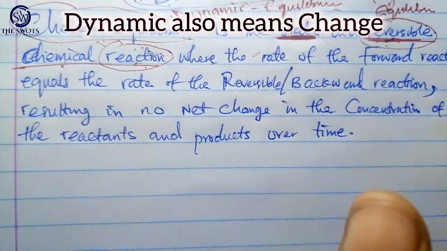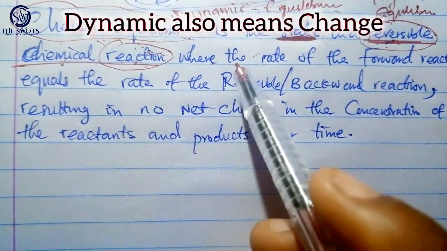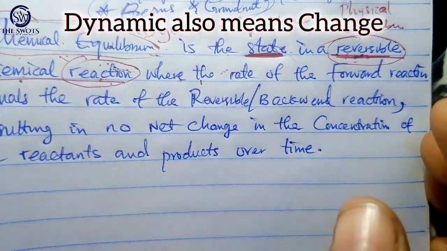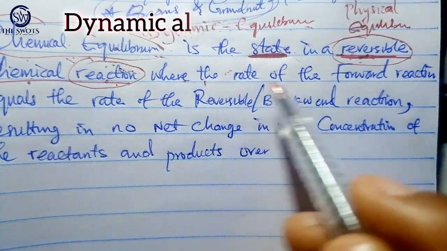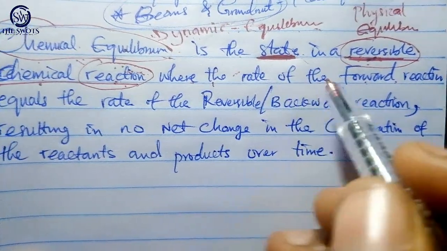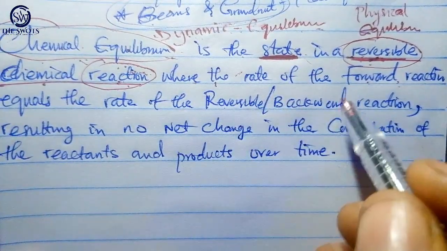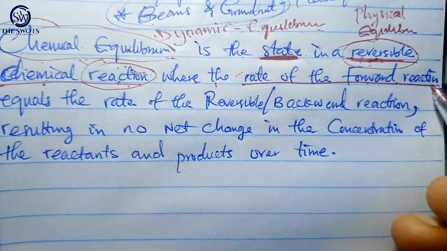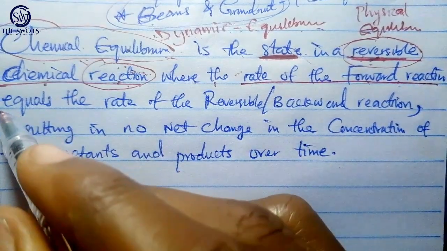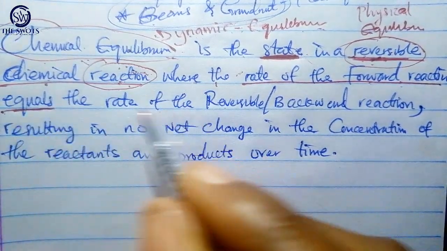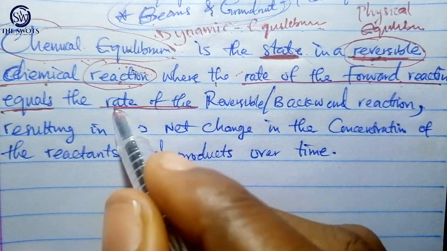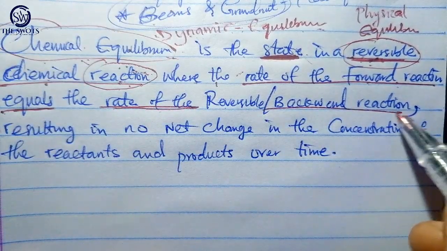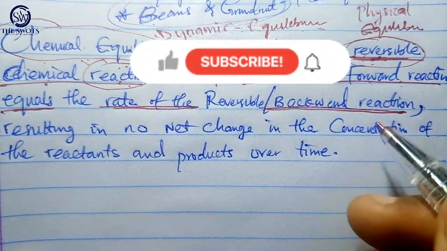So let's proceed. In the definition, there is a rate, where the rate of the forward reaction equals the rate of the backward reaction, or the reversible reaction.